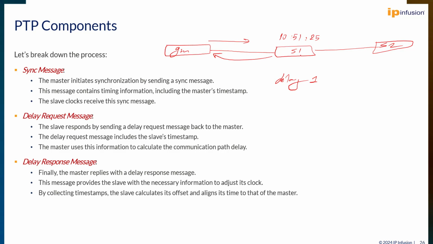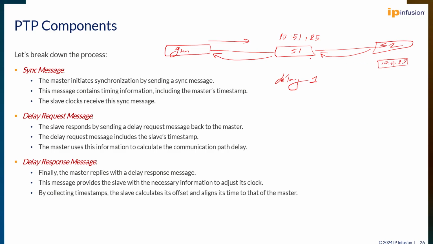The same thing is going to happen here. So switch 1 is going to forward the message to switch 2. Switch 2 is going to receive this, and it's going to ask switch 1, okay, what is the delay between me and you? So basically, again, switch 2 is going to send a message. It's going to say, okay, in my time it is 10:51:29.